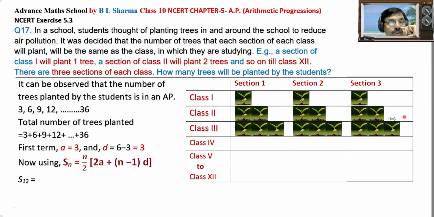So sum of all 12 terms, that is 12 by 2 into twice of a means 2 into 3 plus n minus 1 means 11d. 12 minus 1, d is 3. You calculate and get answer.